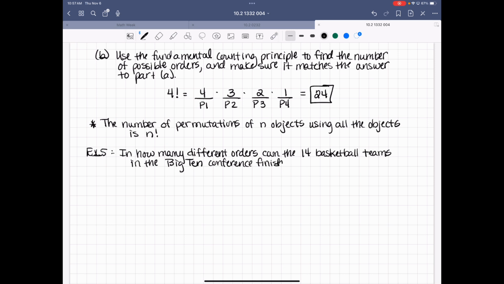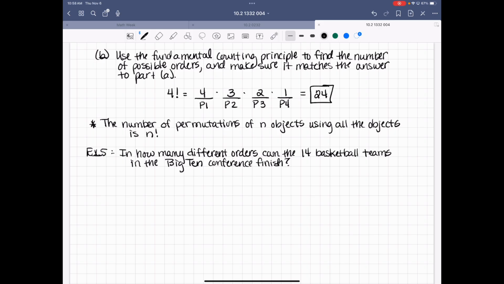And the book went on to talk about, it's called the Big Ten, but there's actually 14 teams. Yeah, whatever. I wasn't really worried about that. What they want to know is in how many different orders can the 14 basketball teams come out? So how many different possibilities are of ranking those 14 teams is what they're saying, okay?